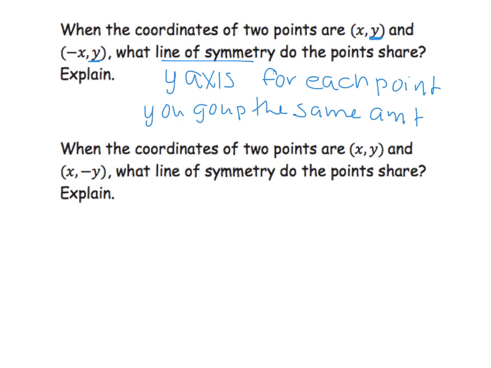And we could do the exact same thing for this one. If we start with x, y, but now the x stays the same, the line of symmetry would be the x-axis, because you're going over to the right or left the same amount every time.